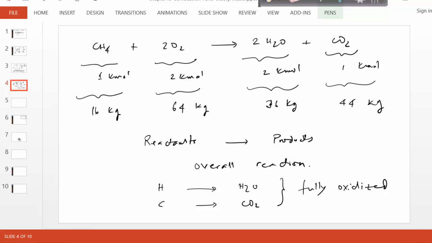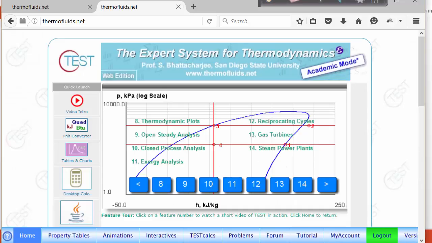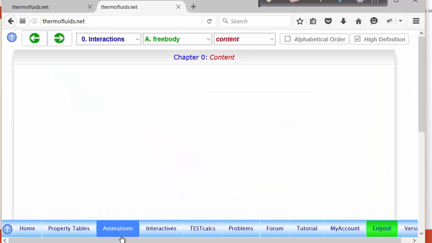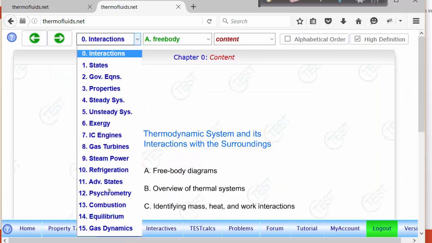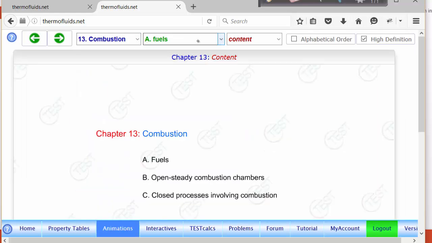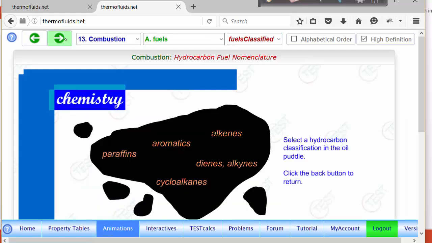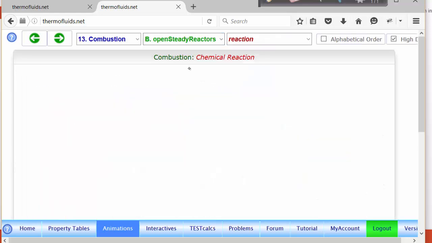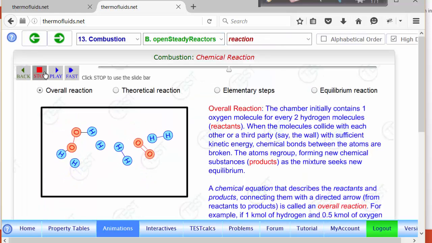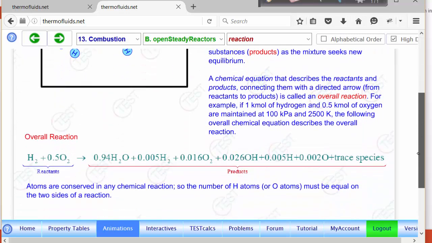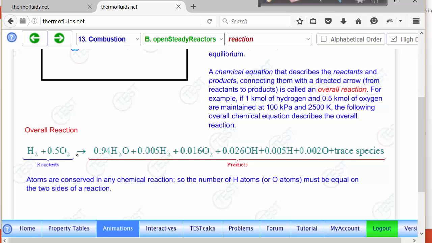So for example, if I go to an animation to show this to you right now, if we go to combustion, okay, this is where it illustrates an overall reaction. Overall reaction means hydrogen and oxygen. In this case, 1 kilomole of hydrogen and half kilomole of oxygen are the reactants, and it produces all these different kinds of species in the products.